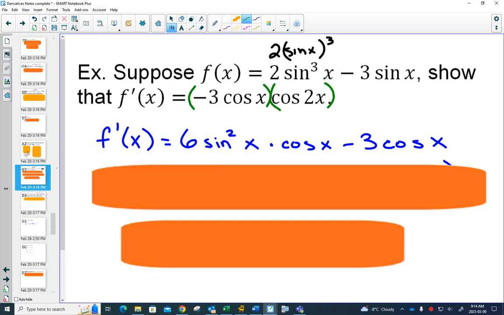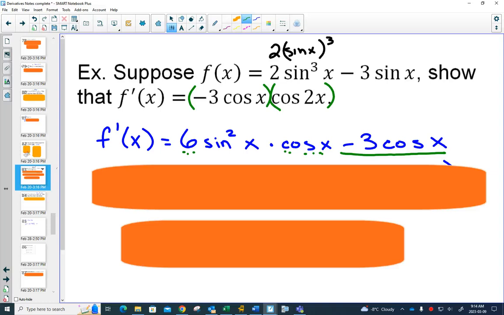Now, with that in mind, seeing that one of the factors has to be a negative 3 cos x, and seeing that I have a negative 3 cos x here, and a cos x here, and a 6 here, as far as common factors go, there's a cos x in common, and there's a 3 in common.